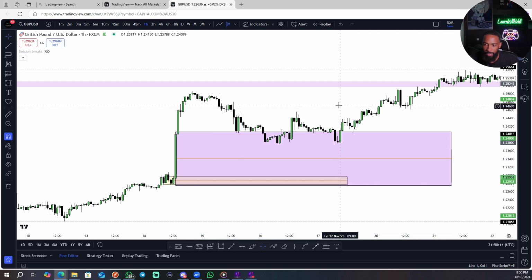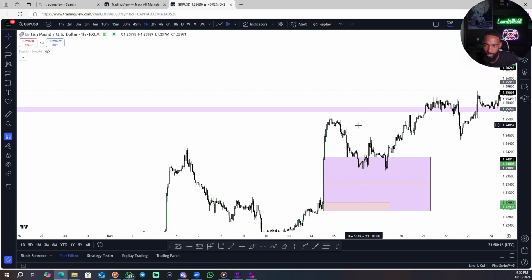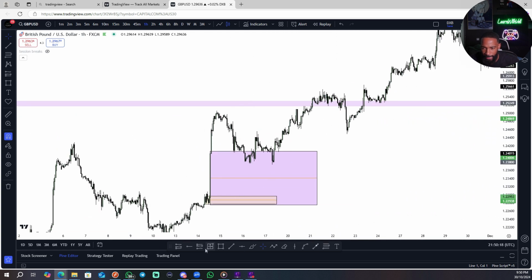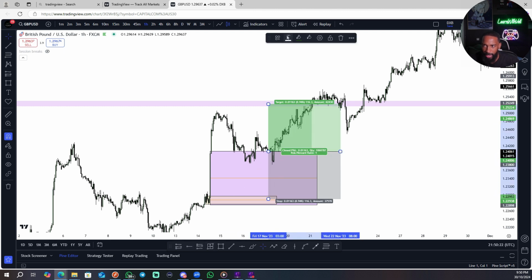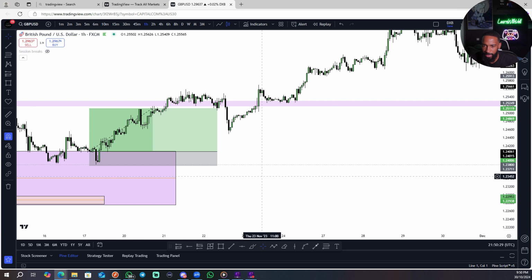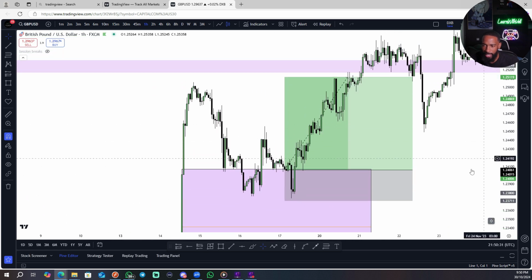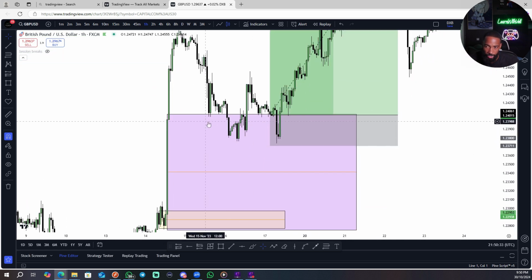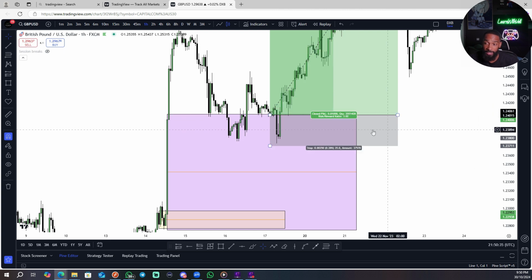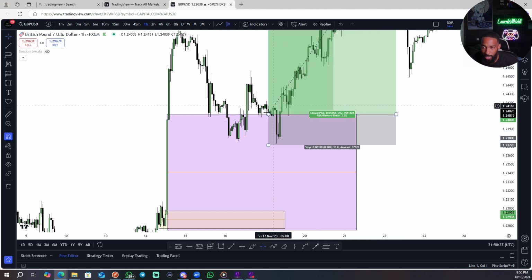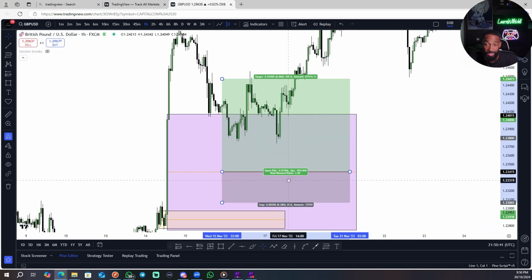So by the time price comes back down now, we take a buy from here, and we take two buys, right? We take one buy from the head of the candle and we take another buy from 50%. We can very clearly see, I'll zoom in for you guys, that price does not come down and stop us out of the trade, which is perfect, it's fantastic. If I put this right on the line, there we go. Price doesn't come down and tap us out. Price also doesn't reach our 50%.